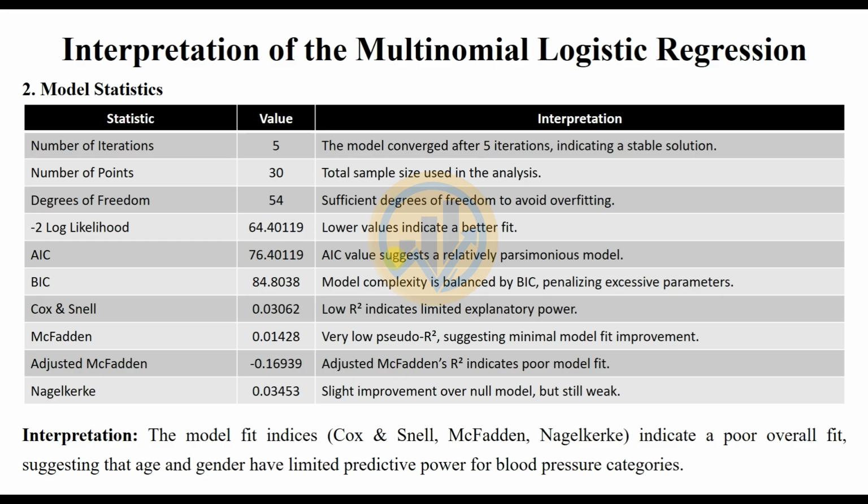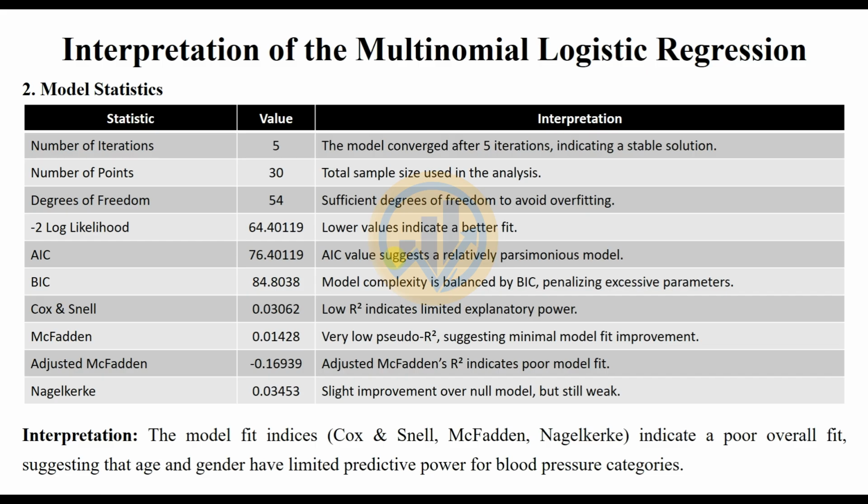The McFadden value is 0.01, a very low pseudo R square suggesting minimal model fit improvement. Adjusted McFadden is -0.16, and the adjusted McFadden's R square indicates poor model fit. Nagelkerke value is 0.03, a slight improvement over the null model but still weak.